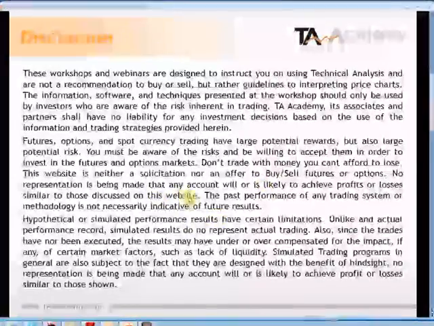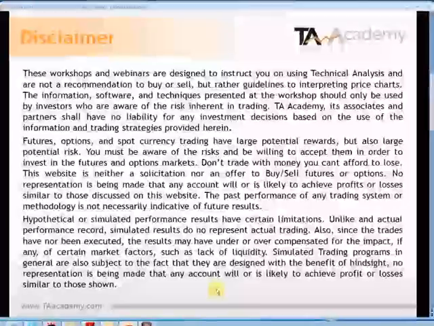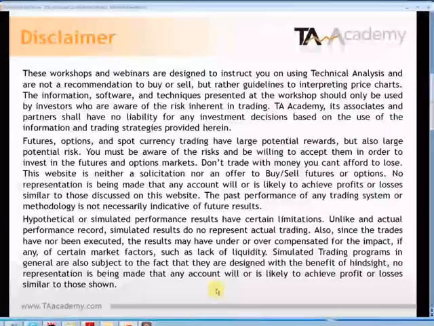So there are a lot of things involving an investment decision, which would be way too much to cover in those short presentations that I've been posting on YouTube and our website.